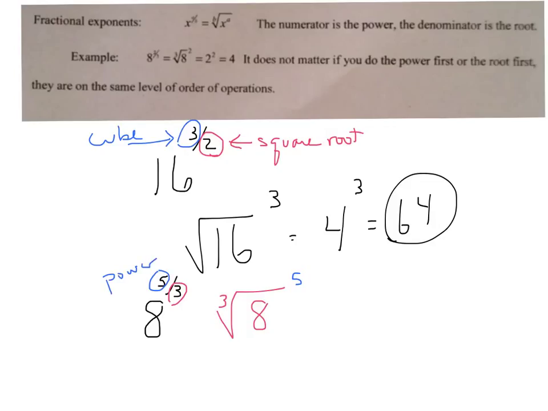Cube root of 8 is 2, and 2 to the 5th is 32. Now these are not an issue, especially if it's numerical base and a numerical exponent, because you can just use your calculator all the time. And again, in your calculator, you're going to say 8 raised to the 5/3, and that will tell you 32.